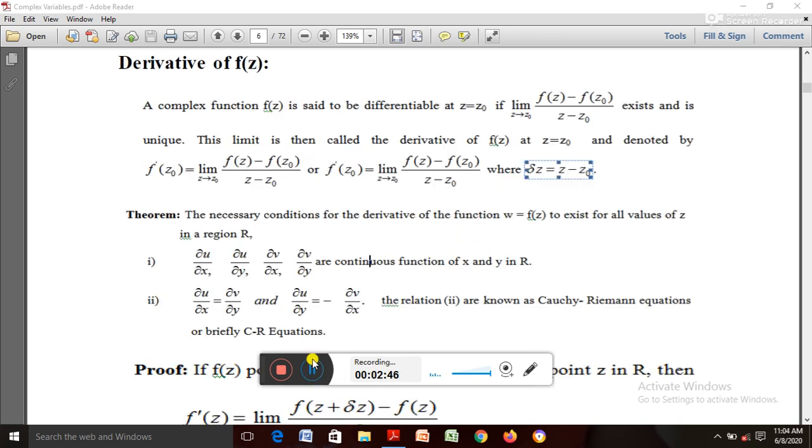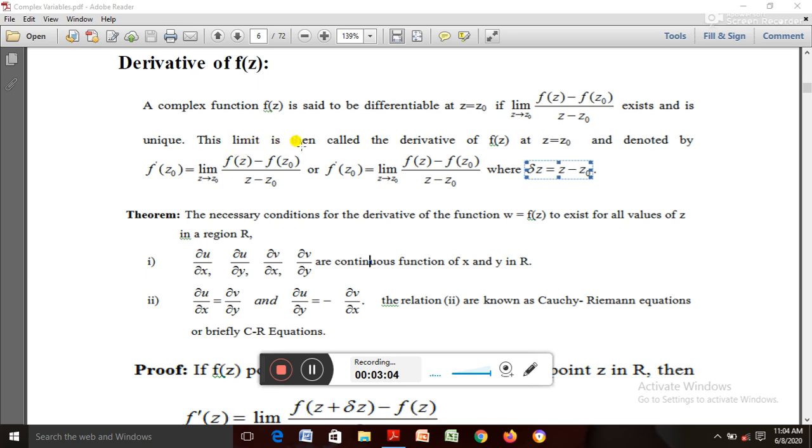So the next definition is derivative of f of z. A complex function f of z is said to be differentiable at z is equal to z naught if the limit as z tends to z naught of f of z minus f of z naught divided by z minus z naught exists and is unique.